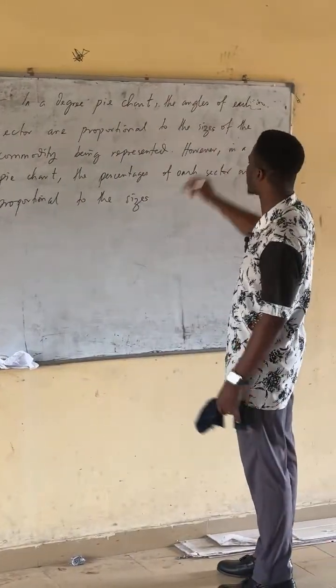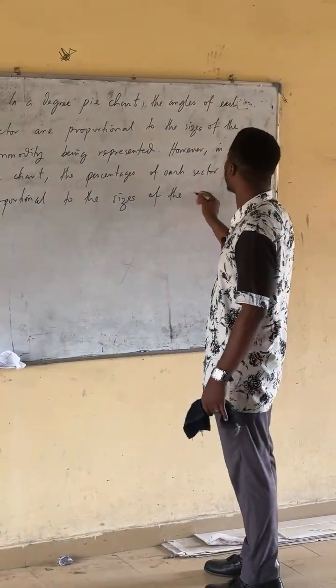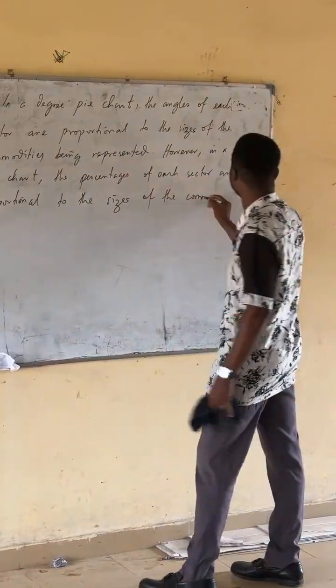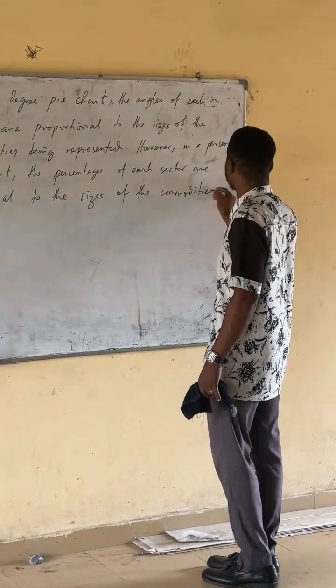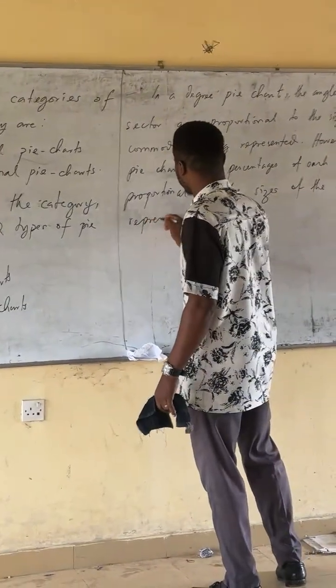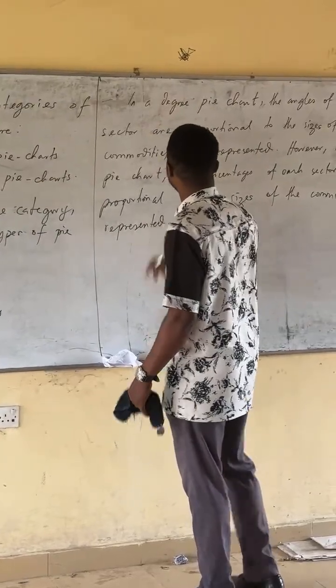Please, let's change this to sizes of the commodities. Let's make this plural. The commodities being represented. Okay? Full stop.